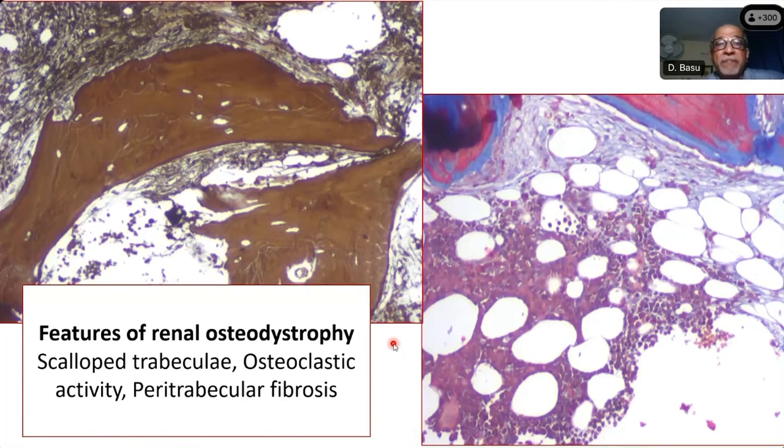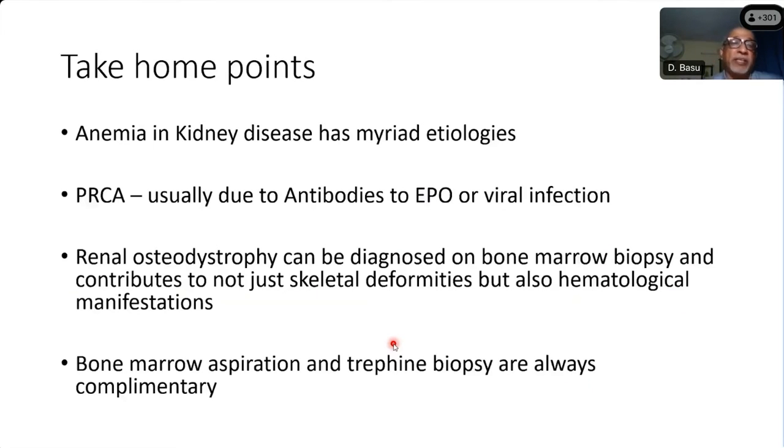Right? Okay. So the take-home points: anemia in kidney disease has myriad etiologies. PRCA is due either to viral infection or, currently, to erythropoietin therapy, antibodies to EPO. Renal osteodystrophy, one doesn't do a biopsy for it, but it's an incidental finding that can be diagnosed on the bone marrow biopsy, and contributes not just to the skeletal problem but also the hematological manifestations.